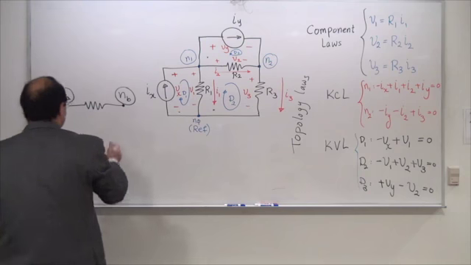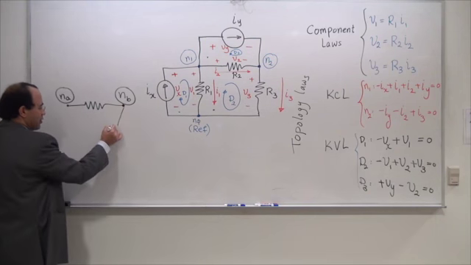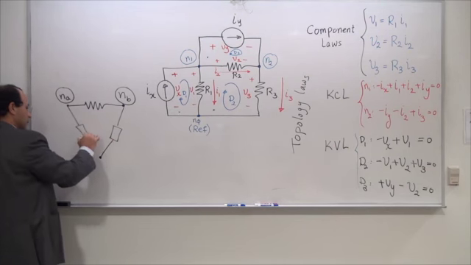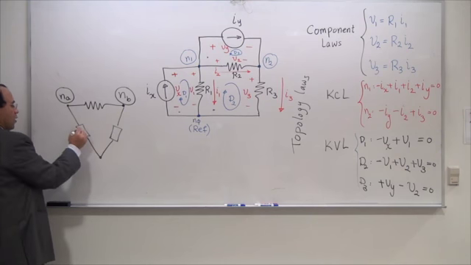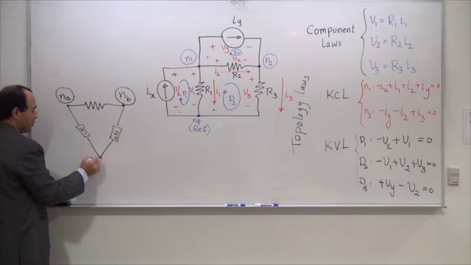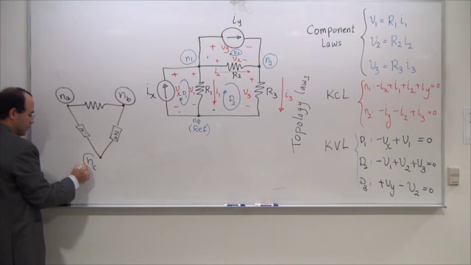Let's assume you have this component attached in a loop of this nature. Let's call this Z1. Let's call this Z2. Let's call this node NC.